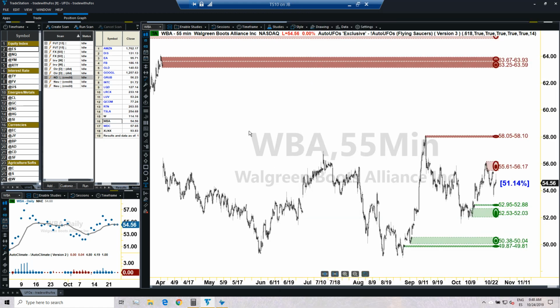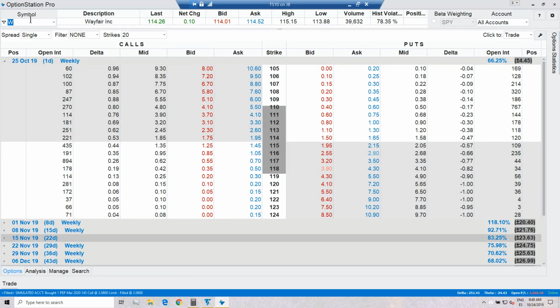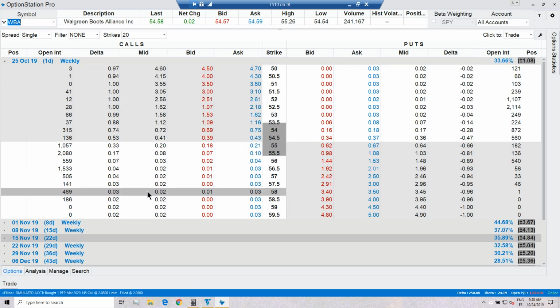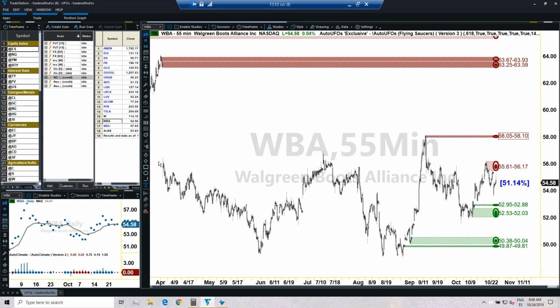That means we can only use tomorrow's expiration, so I will need to be selling the 58s. Let's check October 25, selling the 58 to see what we get. I would be amazingly happy and surprised if we got enough, but we don't. 0.02, which is normal because it's far and it's a low price stock.